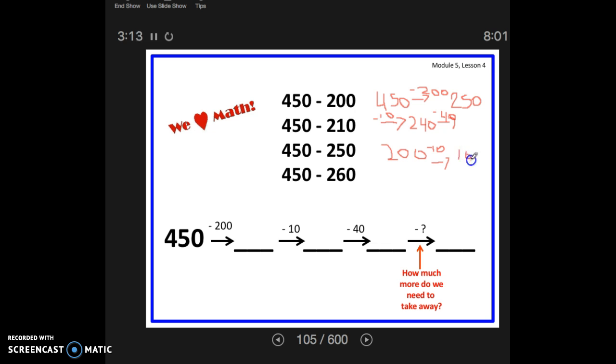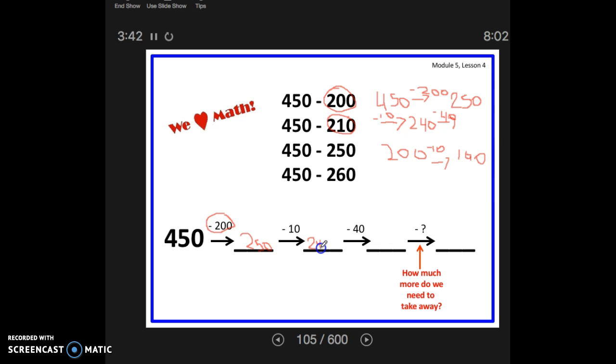So this is kind of messy up here. Below, you're going to see this much neater. But I want you to look, okay? This first one we subtracted was 200, and we got 250. And then we subtracted 10 because the difference between the two was 10, and that's when we got 240.